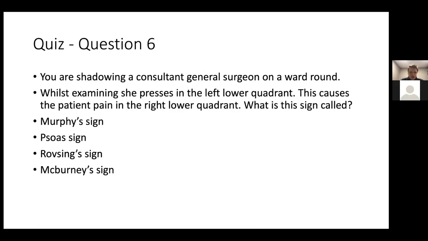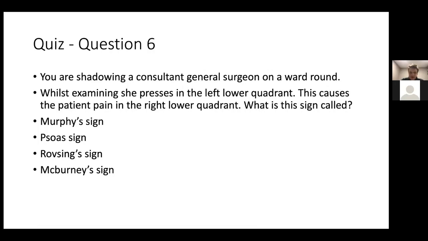So you're on a ward round with a consultant general surgeon. When she presses the left lower quadrant of the abdomen, it causes pain in the right lower quadrant. What is this sign called?